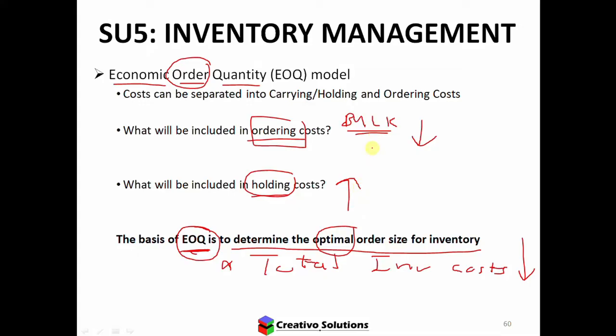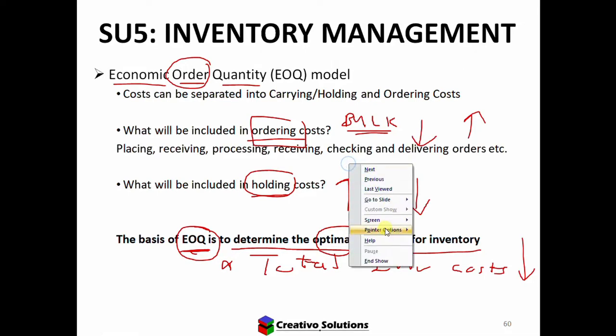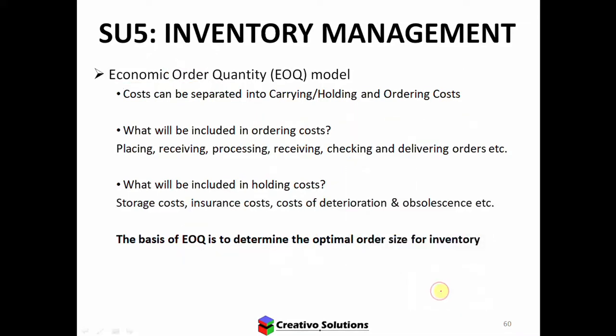If I buy less stock, I'm going to have less holding costs, but I'm going to have higher ordering costs because now I'm going to have to order more and more often. Does that make sense? Yes. Okay. So the challenge is finding the perfect match in terms of holding and ordering costs.